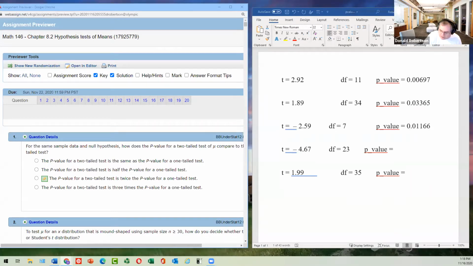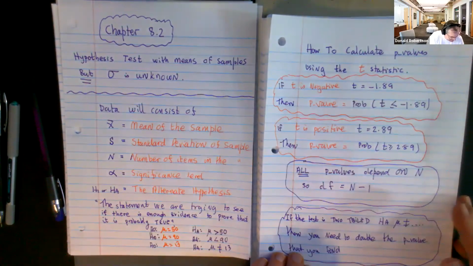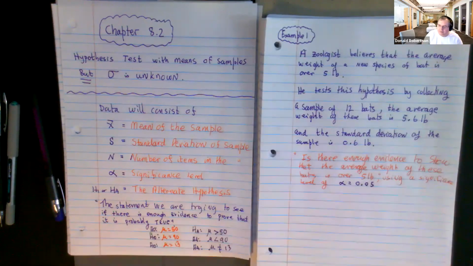So I'm going to return now for a little while and show you a kind of standard question. So here's a made-up one. A zoologist believes that the average weight of a new species of bat is over 5 pounds. Right. So they've just discovered in this cave a new species of bat that nobody else has discovered.